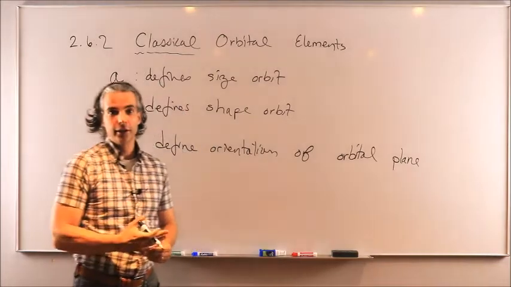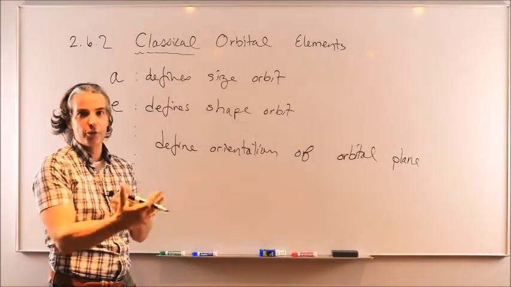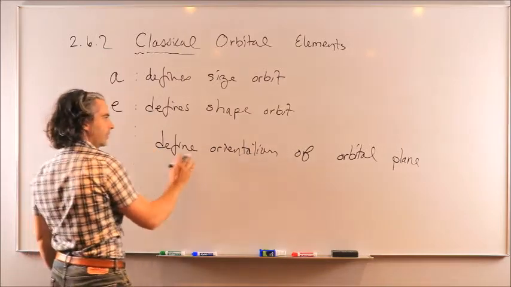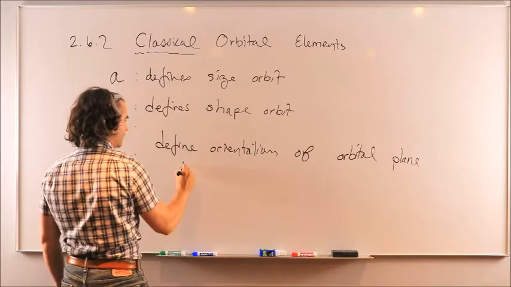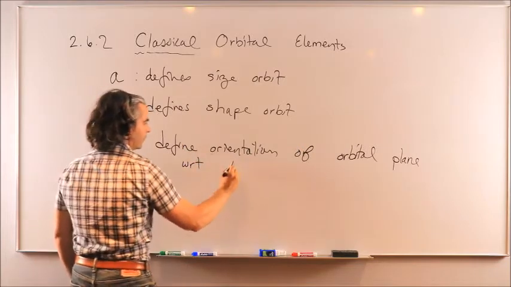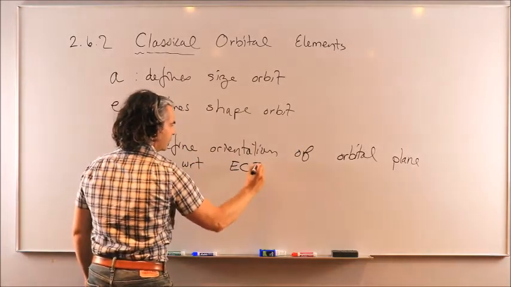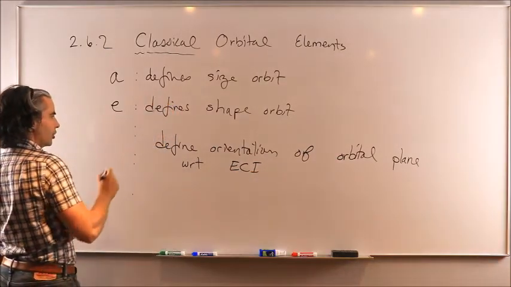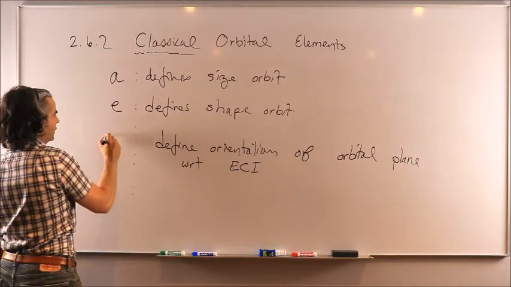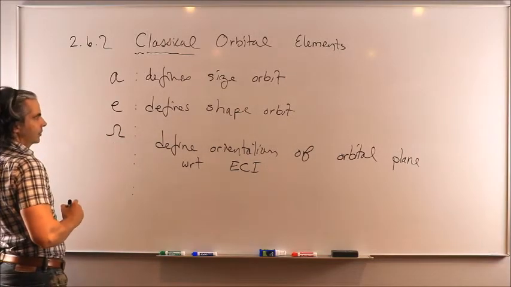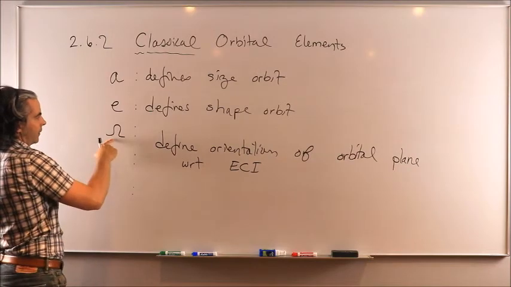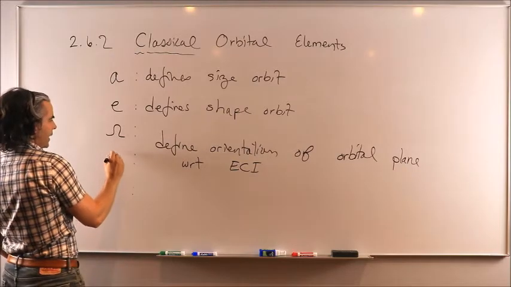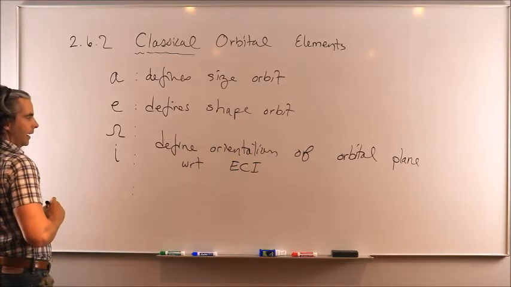Well, with respect to the ECI reference frame, which is again our reference from which we will define all the different angles in 3D space. So they define the orientation of the orbital plane with respect to the Earth-centered inertial reference frame we just looked at. Those two angles are the right ascension of ascending node, which is capital omega, and the inclination angle I.